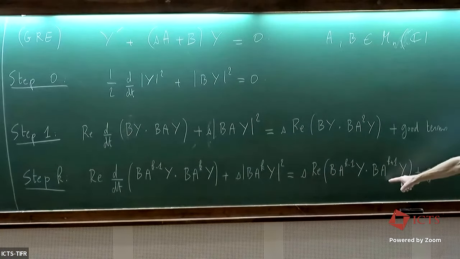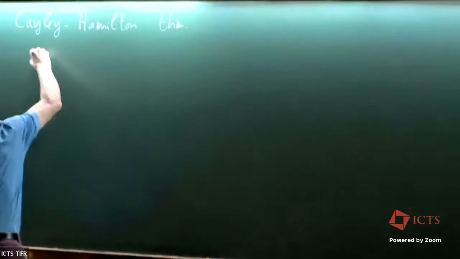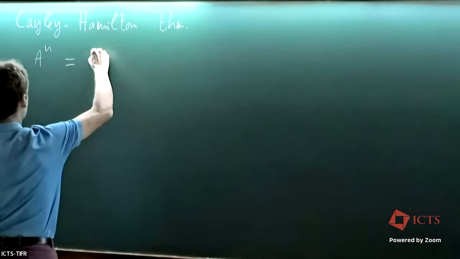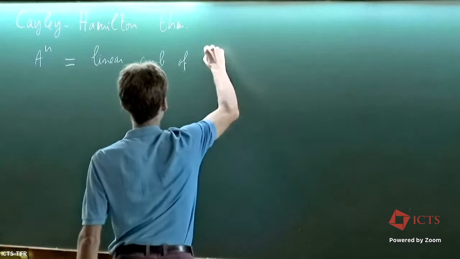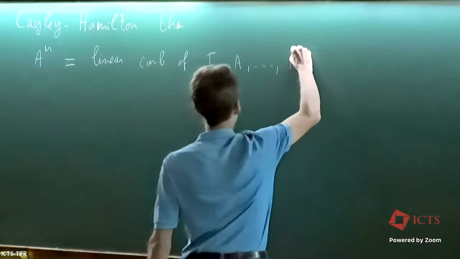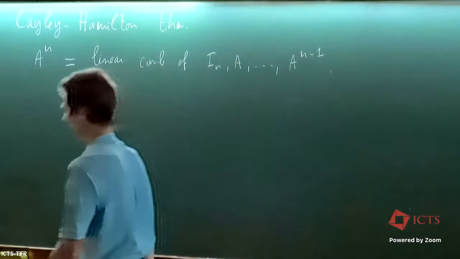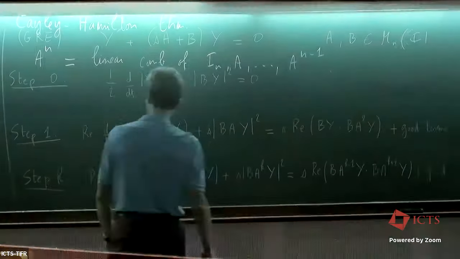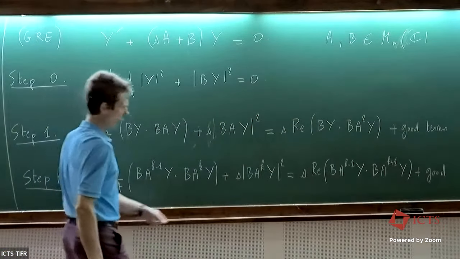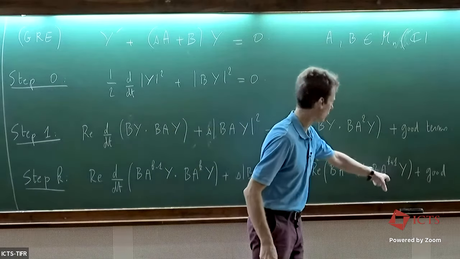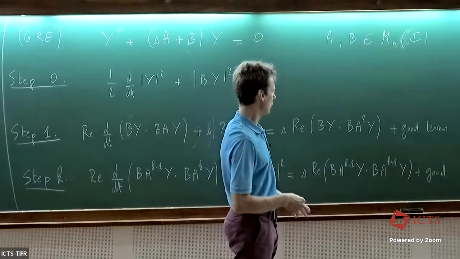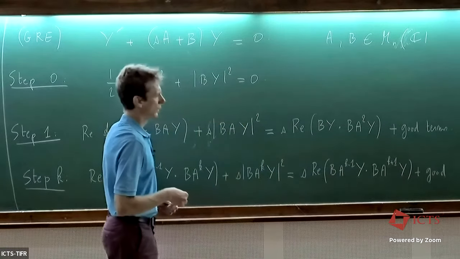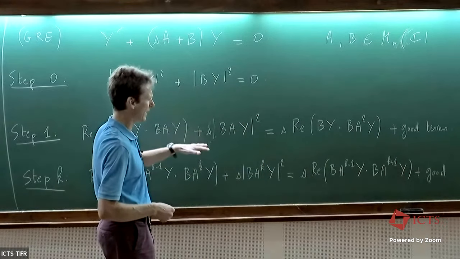So A^n is a linear combination of the identity, A, up to A^(n-1). Which means that when you arrive at step n minus 1, the new bad terms will have A to the n, but the A to the n will be expressed in terms of lower powers that have already been treated. So this is in principle. In fact, the process will end after n steps.